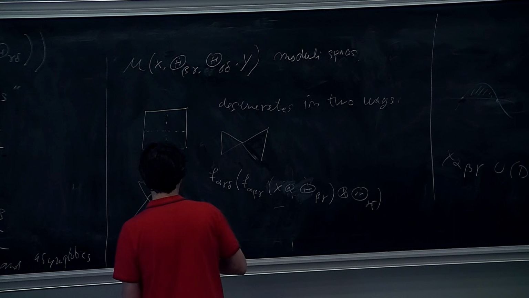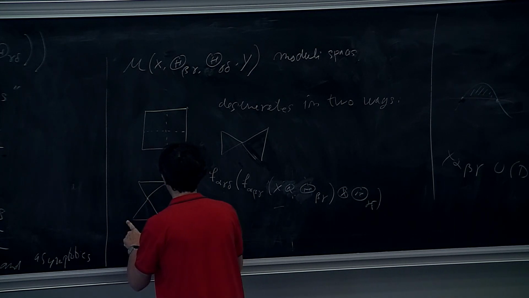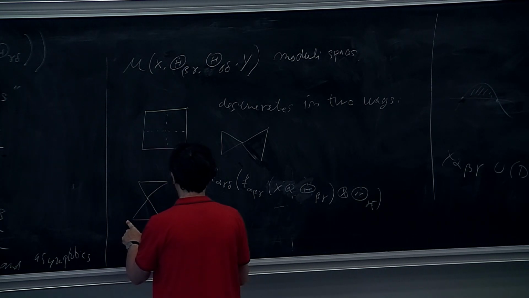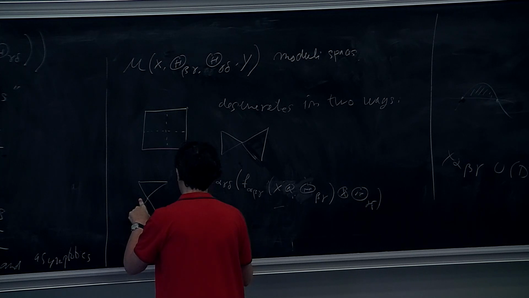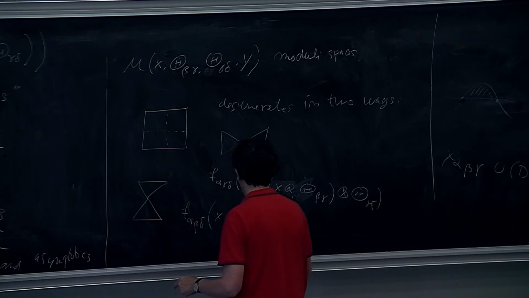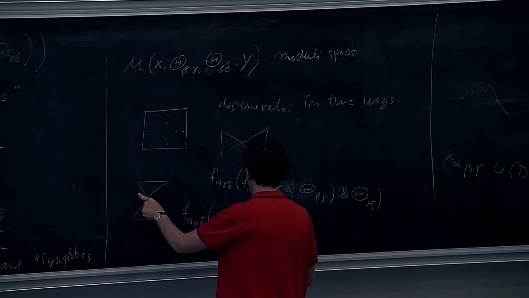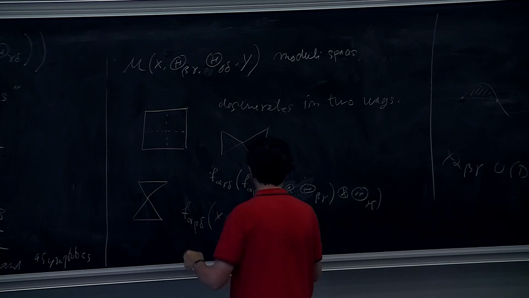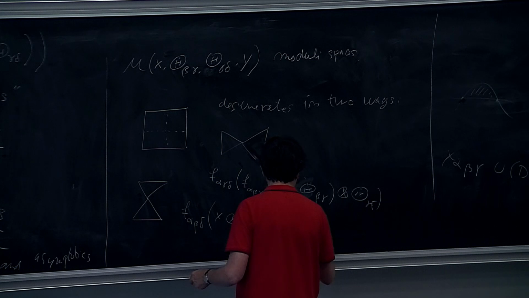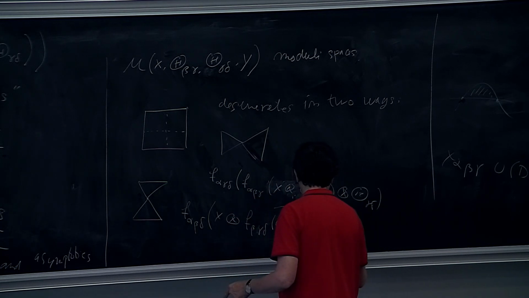And this gives f alpha beta delta of x tensor f beta gamma delta of theta beta gamma tensor theta beta delta.